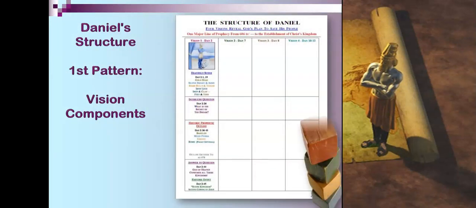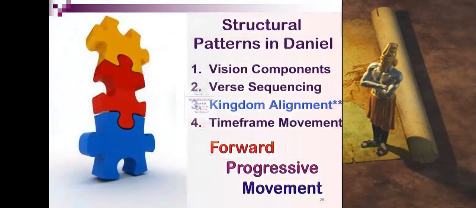So in vision 1, and Libby, if I can just interrupt here a little bit, that forward progressive movement is probably the most important thing that you'll ever remember with this. And I don't want you to ever forget it, because it really comes forward a lot, especially in calendar teachings.